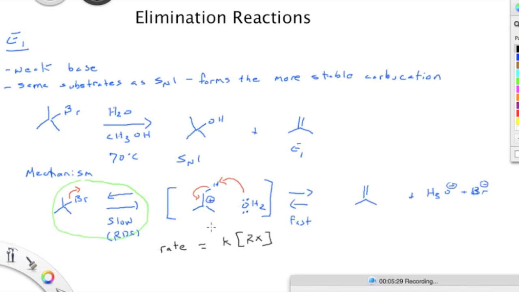Again, here we are also forming a double bond, so we want to form the more stable double bond. So also, as another point, the more stable double bond will form, and that means that we follow Zaitsev's rule here.